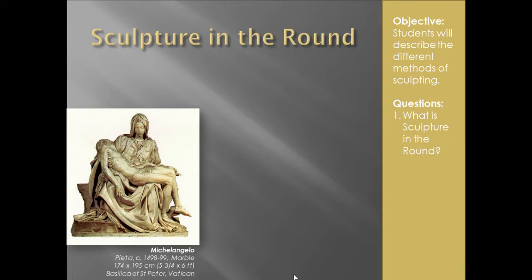Sculpture in the round. So this is one type of sculpture, one category. And to look at a famous piece, we're going to reference here Michelangelo's The Pieta. And this is really a stunning sculpture created to depict the time after Jesus was crucified and then his body was returned to his mother and his followers.